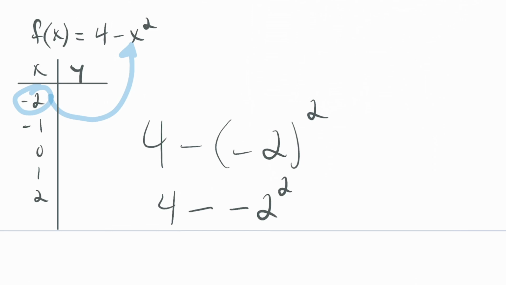When you're writing by hand, these look the same, but in a calculator, they're different. This is not correct. This will give you 8 in a calculator. We really do want the negative 2 to be in parentheses in the calculator as well. Otherwise, we're not going to get the right result.